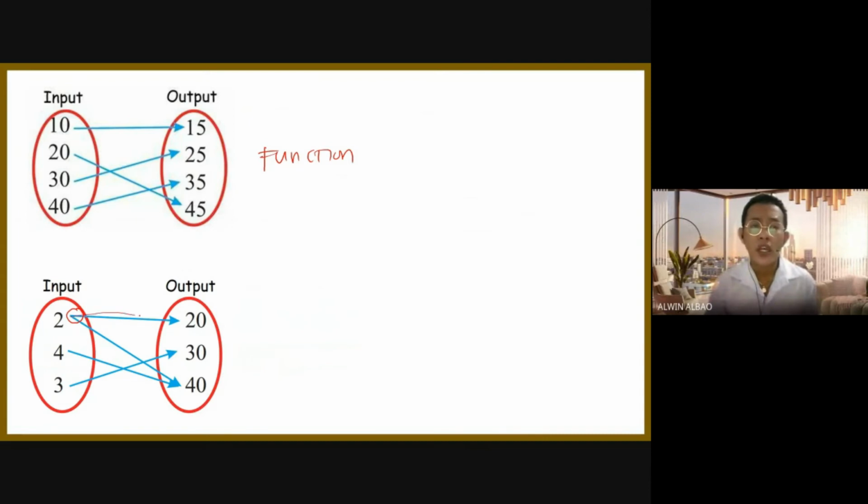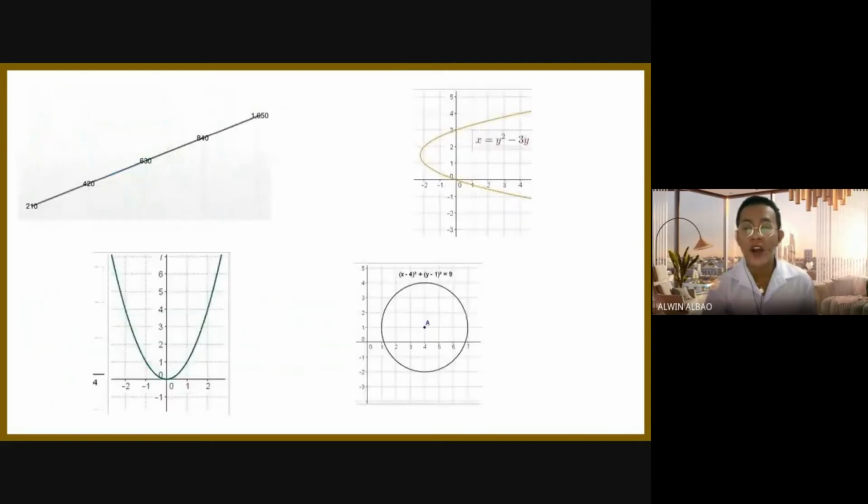So 2 to 20 and then 2 to 40. So therefore, dalawa yung output natin para sa 2 or domain natin na 2. So this is not a function. Okay. So, clear tayo sa mapping diagram. Kailangan hindi nagsishare ng arrow sa domain natin or sa input para masabi na siya ay function. Kasi kapag nag-share sila, it's considered as not a function.